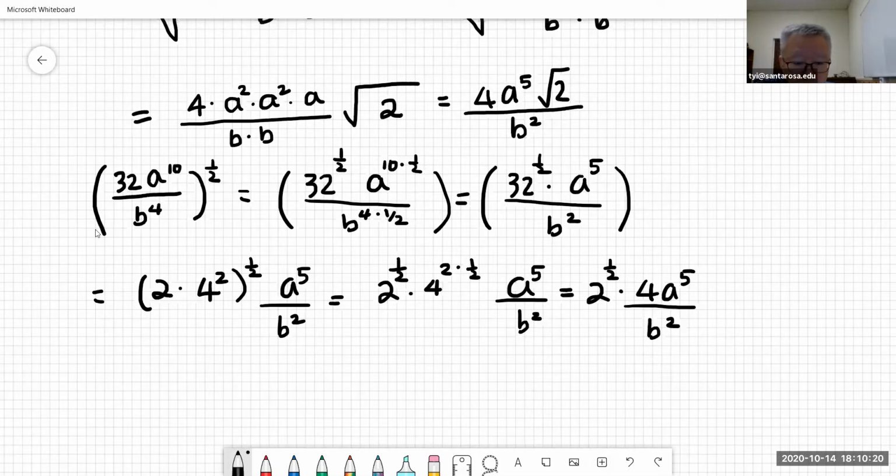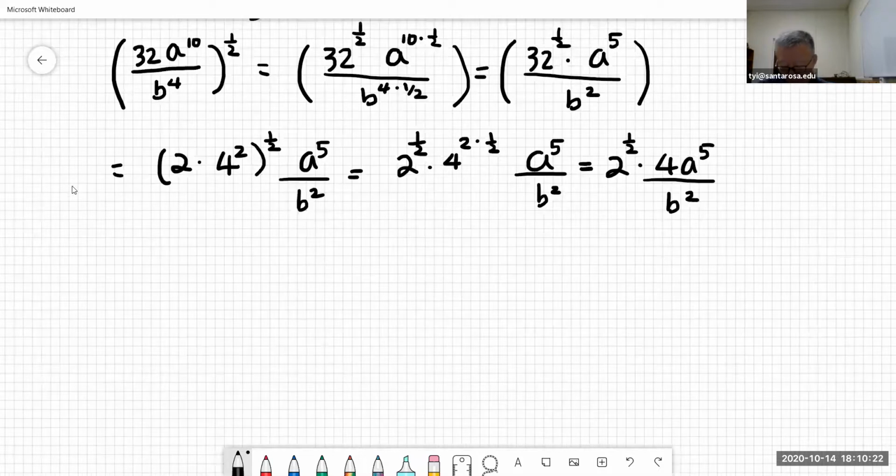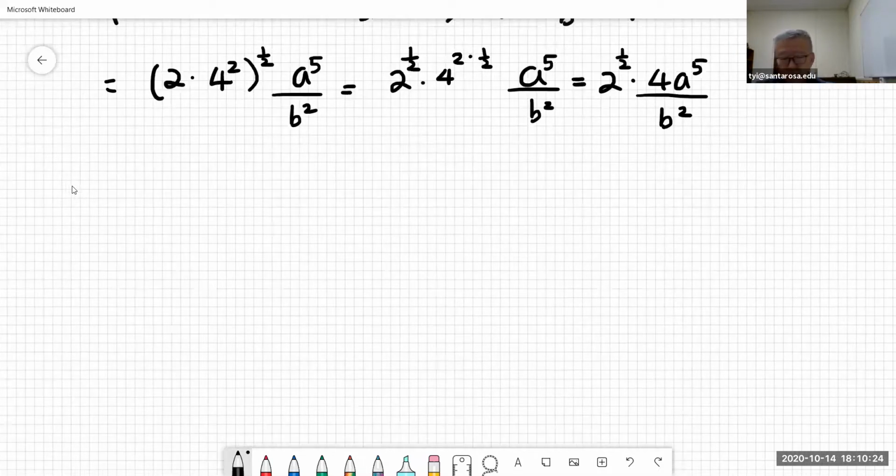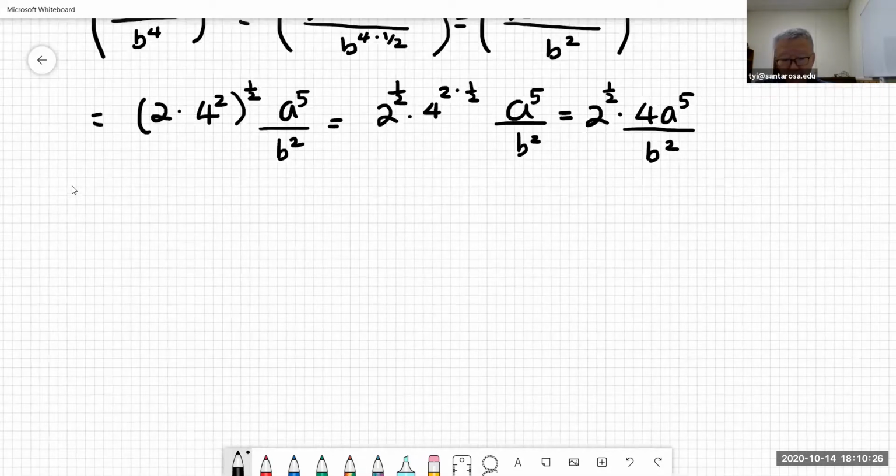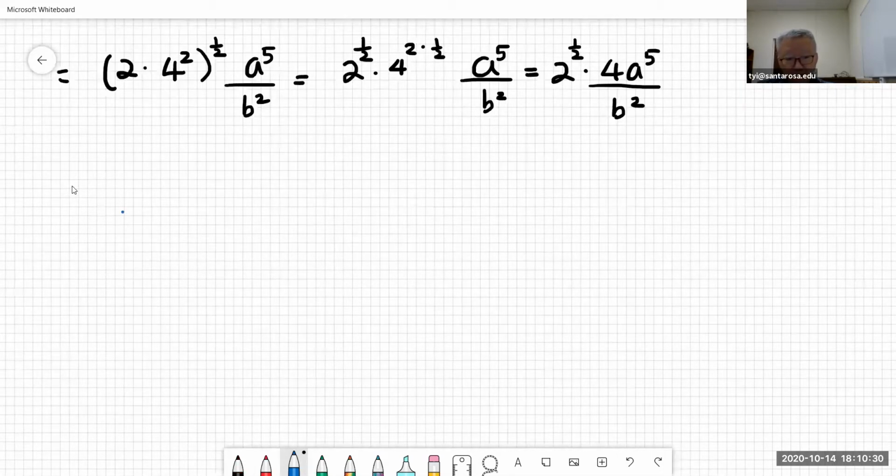I want to show you another one. I think this is what we already talked about a little bit. What if I have something like this? I have a 4th root of 8 times the cube root of 5.